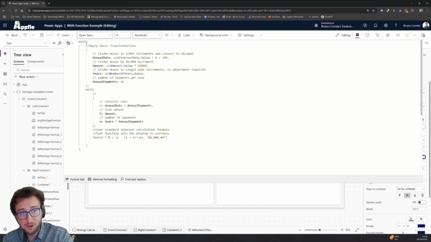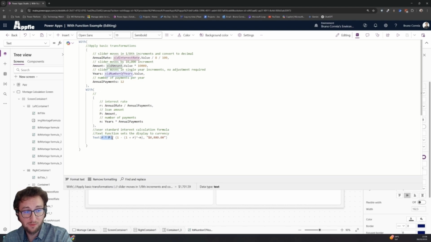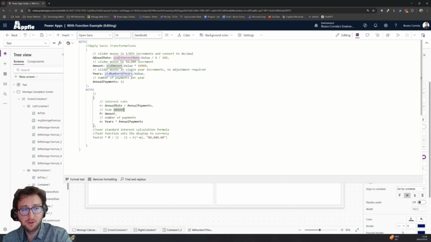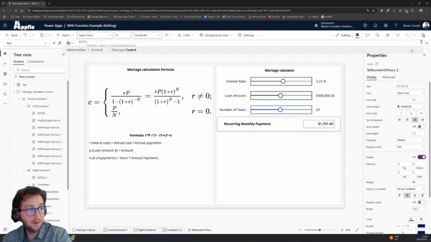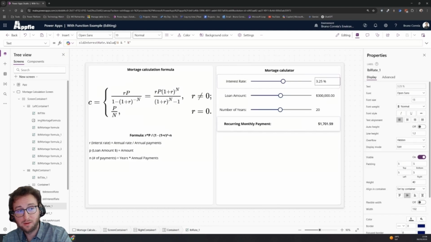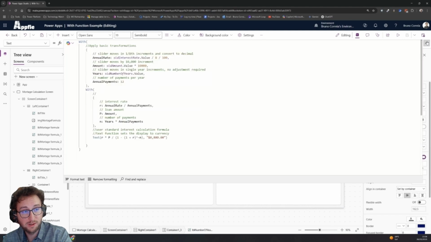Together with the With function, we basically reverse engineered it. So we have our function over here at the end, and then as you see, at the start we decided to say, okay, annual rate is based on the slider value divided by 8 divided by 100, exactly what we have around here or similar to it. We had to make a few changes.